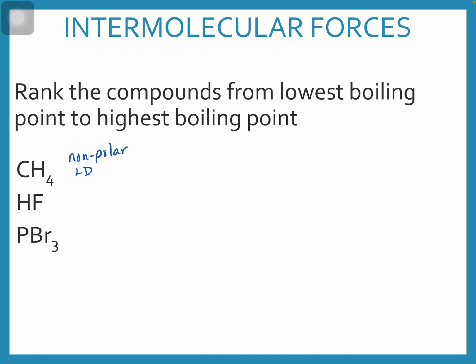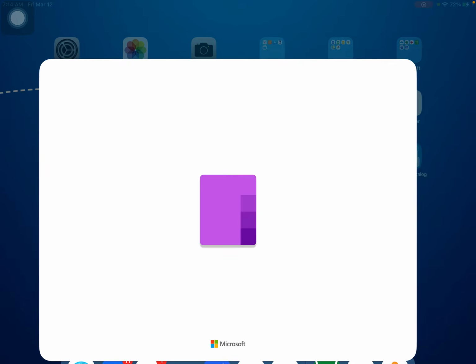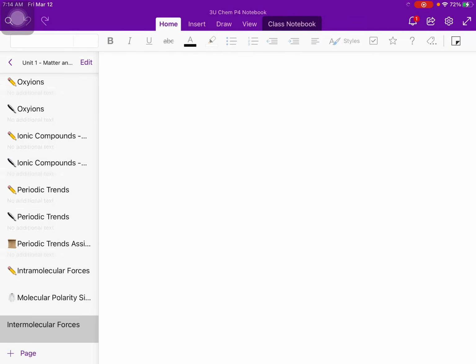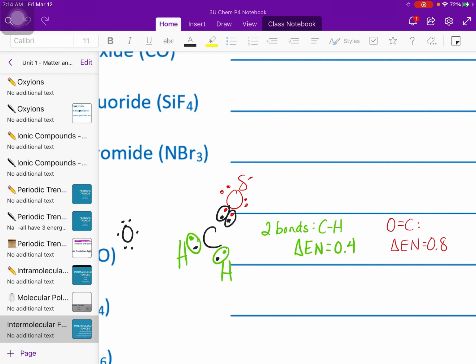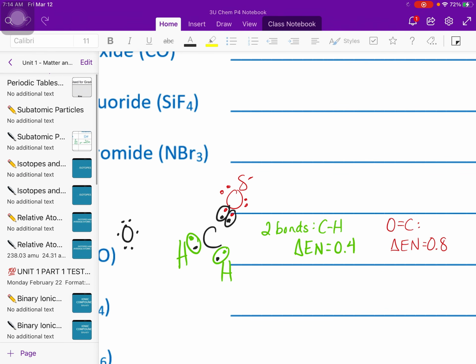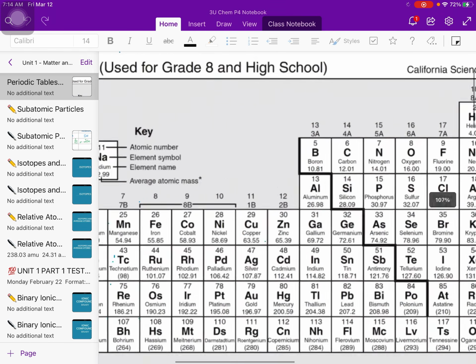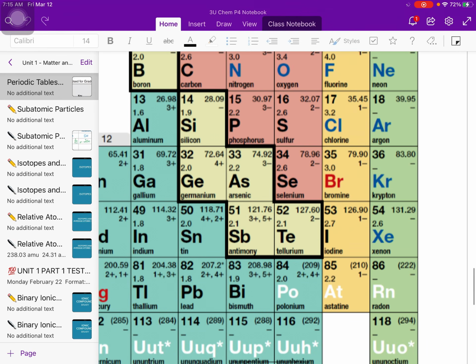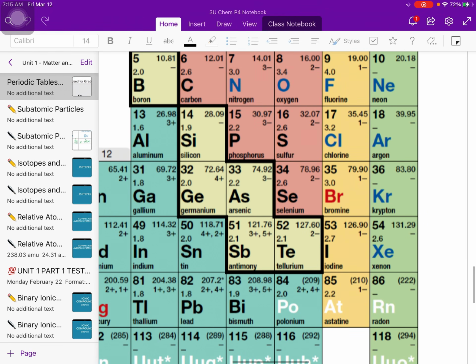And phosphorus and bromine, there we need to look up the electronegativity. So if we quickly check the periodic table, oops, wrong one. So phosphorus is 2.2 and bromine is 3.